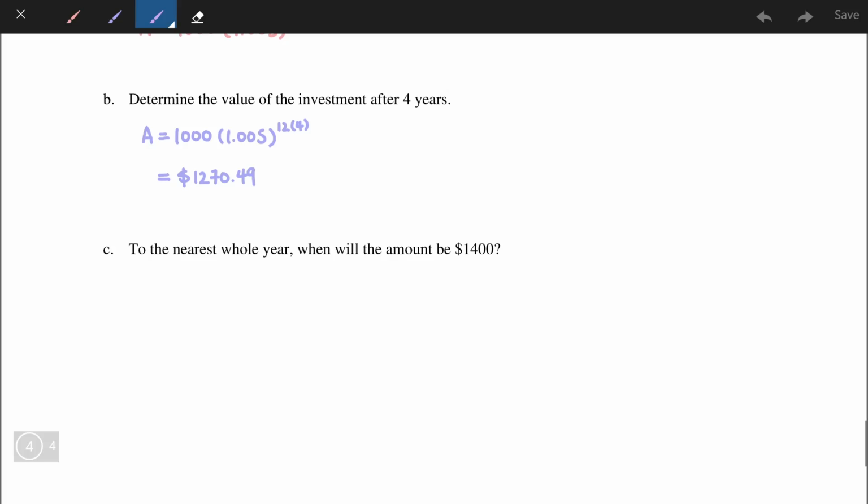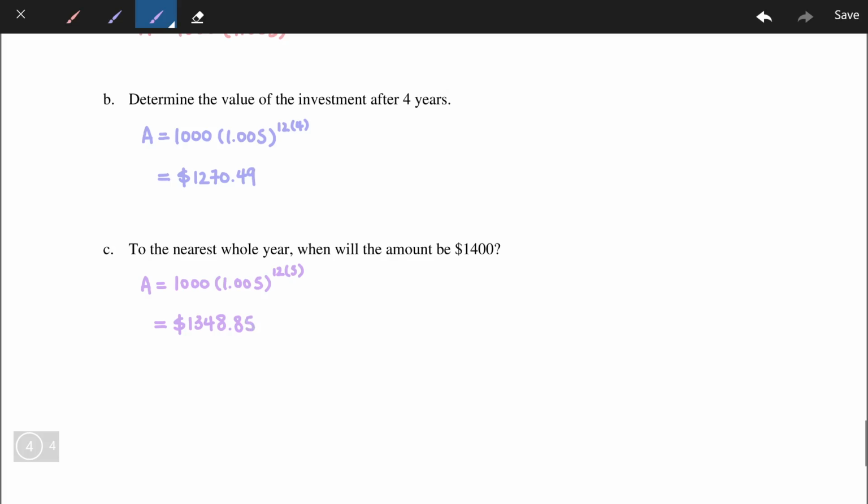So let's see what happens on the 5th year. So again, 1000 times 1.005 to the 12 times 5 power. That gets us to $1,348.85, which is not quite 1,400.